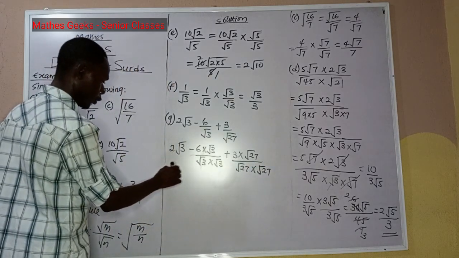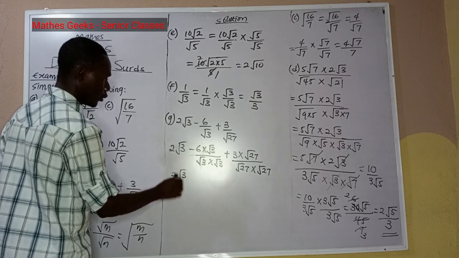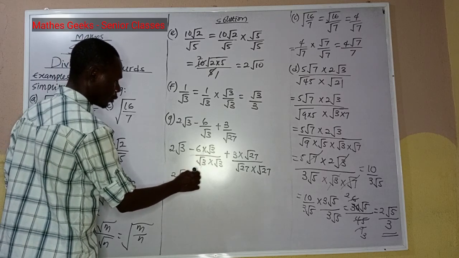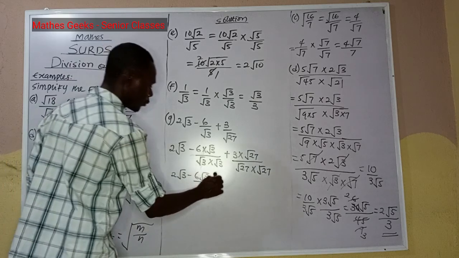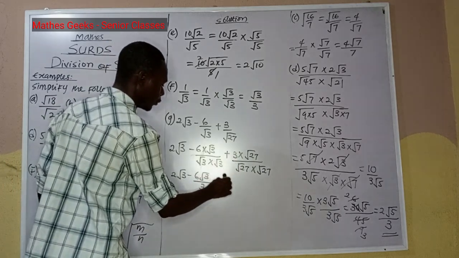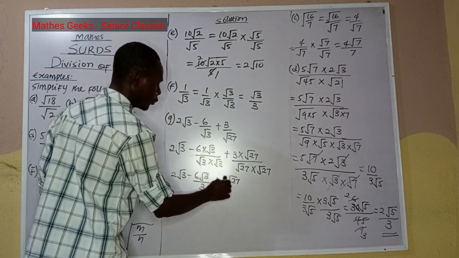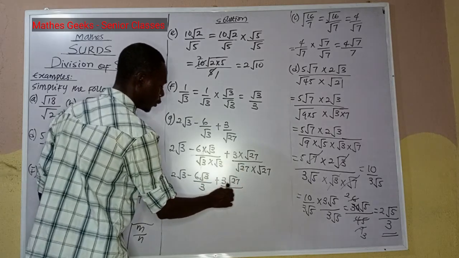So we are going to have 2 root 3 minus 6 root 3 over 3 plus 3 root 27 over 27.